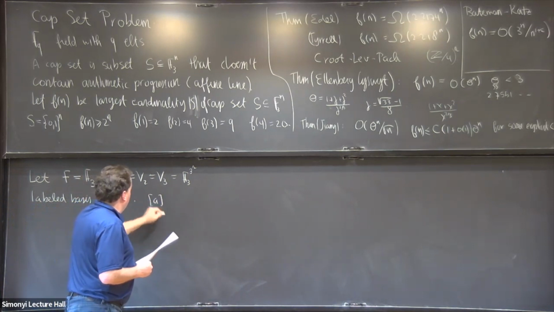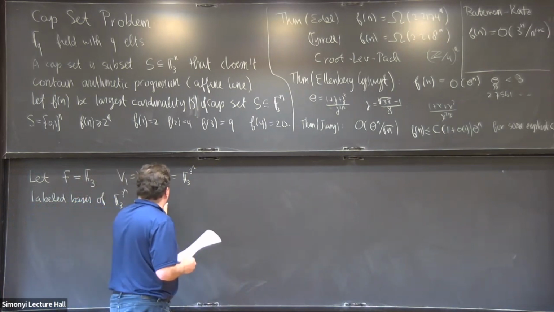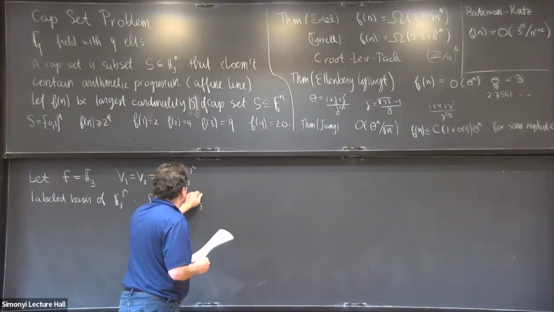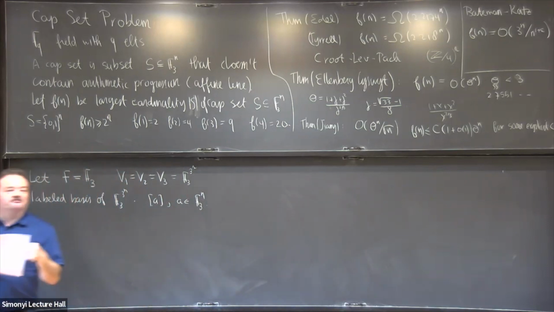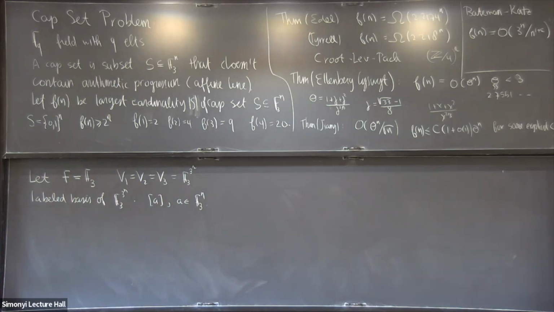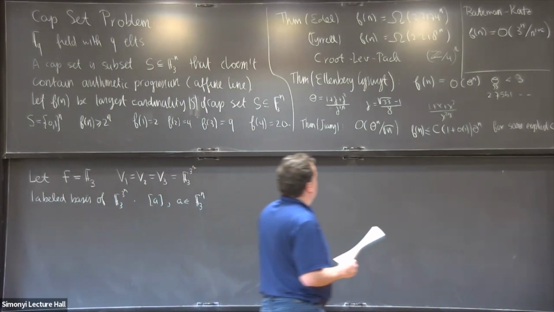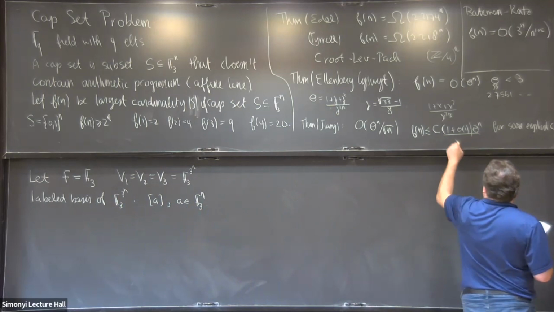We're going to label these basis elements also with elements of F3 to the power n. So maybe it can be confusing because the basis elements are labeled with elements of F3 to the power n, and the coefficients also lie in F3. But yes? You divide by square root of n. Sorry? Oh yeah, thank you.